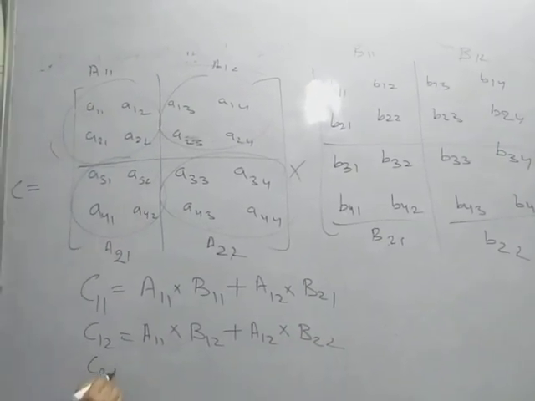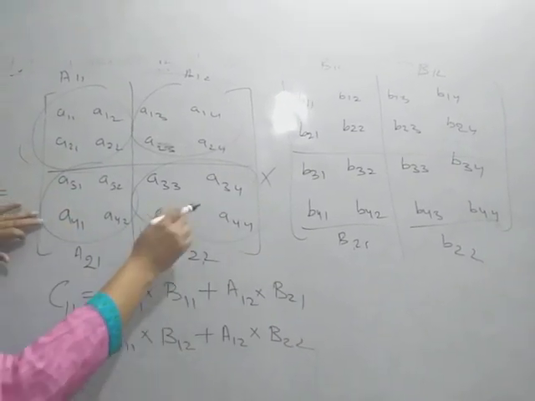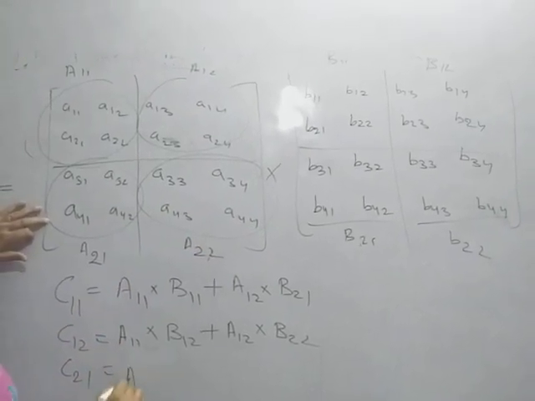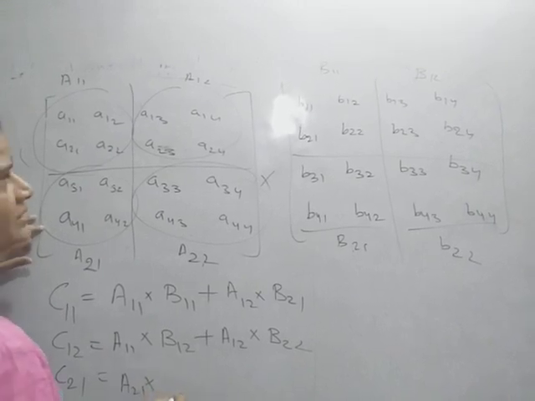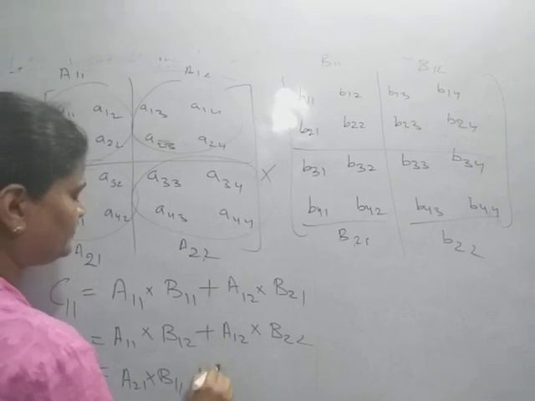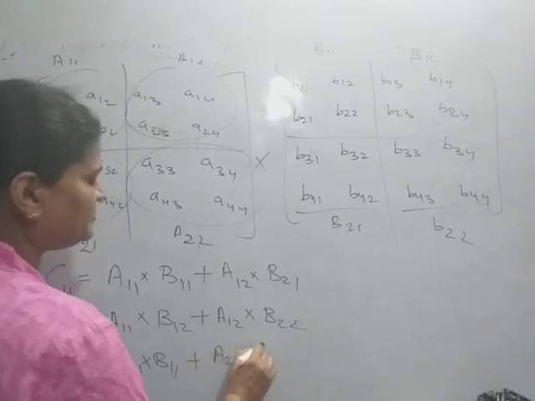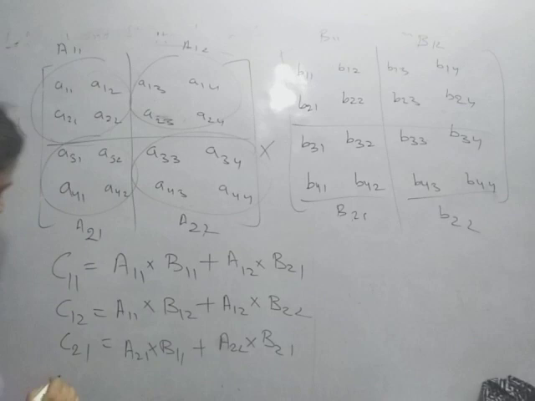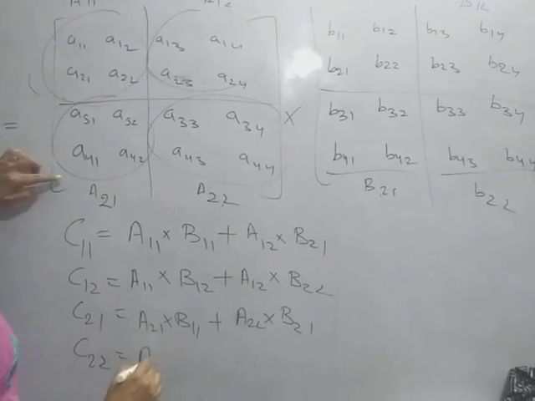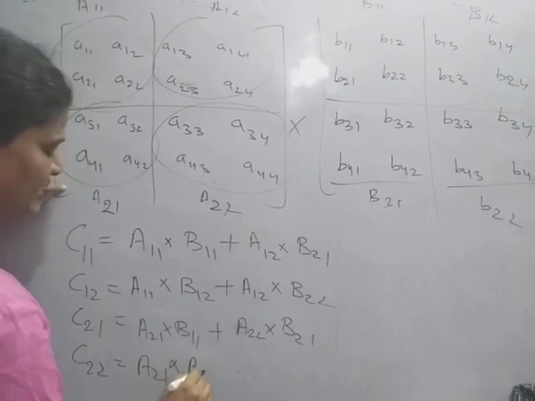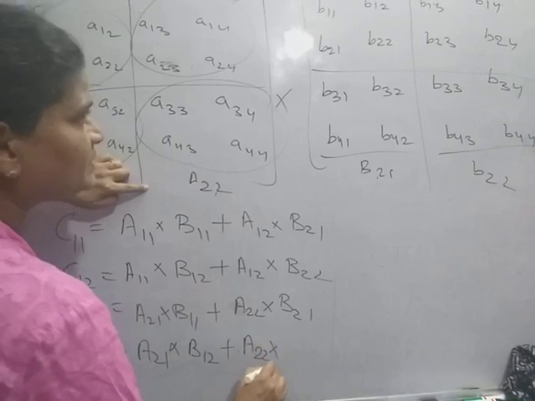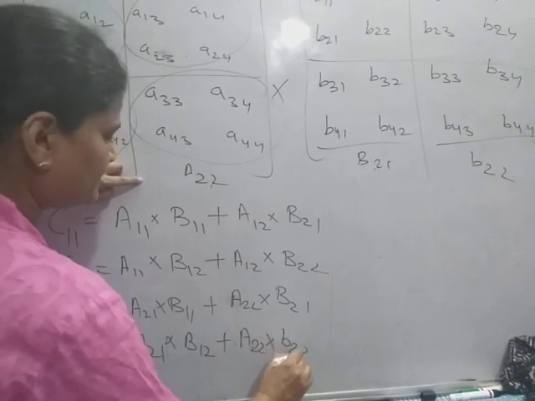Now C21, we consider the second row of the first matrix: A21 into B11 plus A22 into B21. Now C22 is A21 into B12 plus A22 into B22. So this is the way.